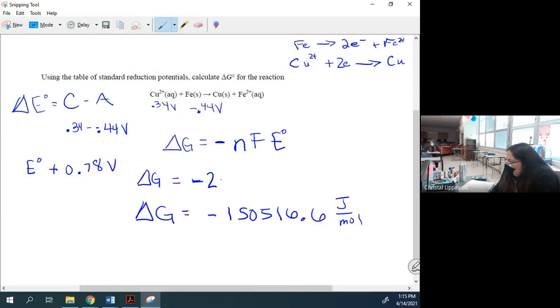So this is 2 moles of electrons times Faraday's constant. Faraday's constant is 96485, and that is coulombs per mole of electron, times our E value, which is volts.